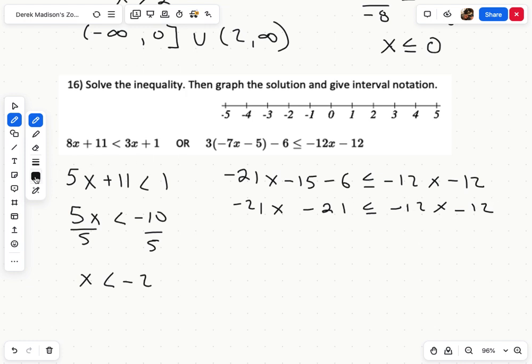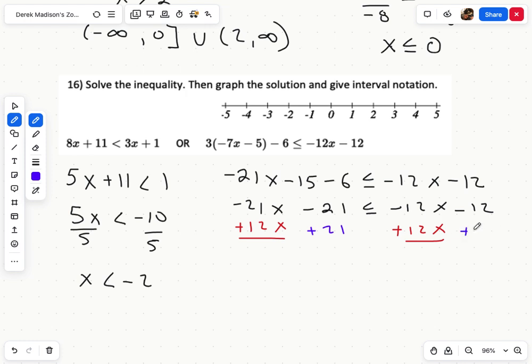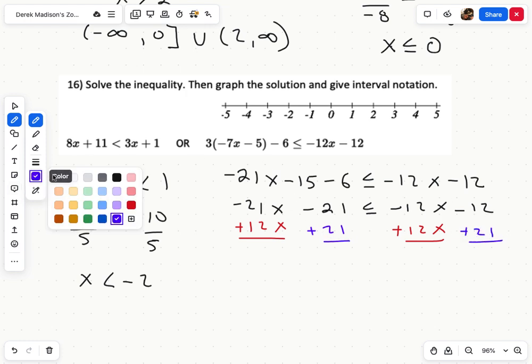And then I would add the 12x to this side. And while we're here, doc's going to come crashing through behind me. Let's add the 21 over to this side. Now I'll get my x's to the left and my constants to the right.